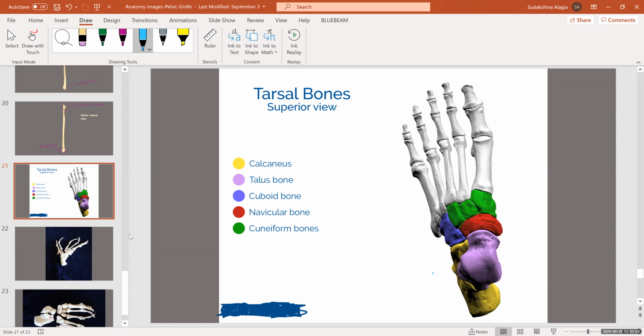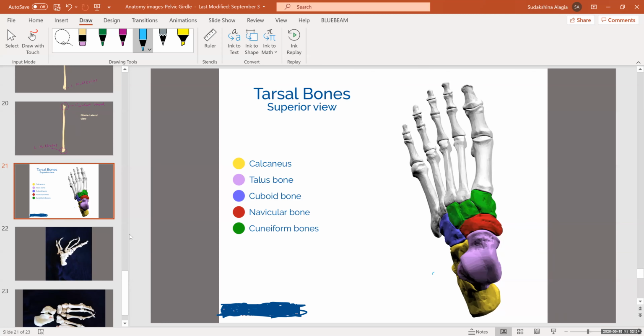There are 7 tarsal bones. Out of the 7, the 2 heaviest ones are typically studied more because of fracture, bone spur, damage to the joint, etc. Typically, it involves the 2 larger bones.